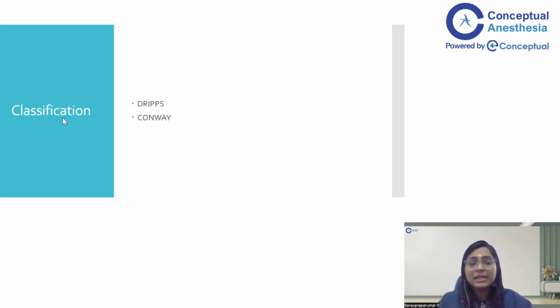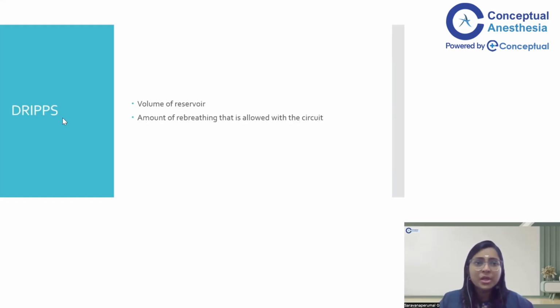And these breathing circuits are classified in two ways. One is Dripps and another is the Conway, which is a modified Conway. So Dripps devised these breathing systems based on the volume of the reservoir and the amount of rebreathing that is allowed within the circuit.